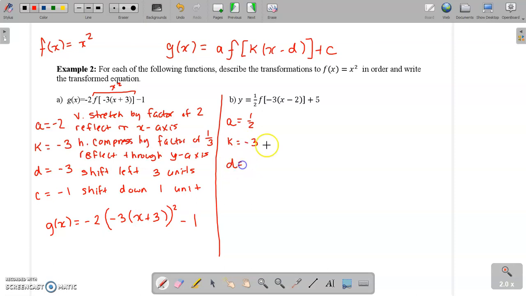Our d value, remember, because this is negative, that means our d is positive. D is 2, and our c is equal to 5. So again, if it's greater than negative 1 and less than 1, then we say it's a vertical compression by a factor of 1 over 2.